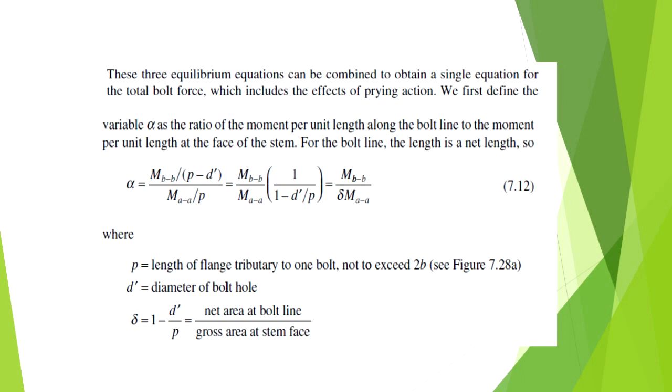For the bolt line, the length is a net length, so alpha is equal to M_B-B divided by delta times M_A-A, where p is the length of the flange tributary to one bolt, not to exceed 2 times d. d prime is the diameter of the bolt hole, and delta is equal to 1 minus d prime over p, or the net area at the bolt line divided by the gross area at the stem face.